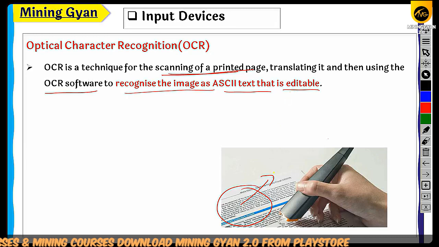So you can easily edit the text from the paper in digital form, converting the data from paper to digital data.